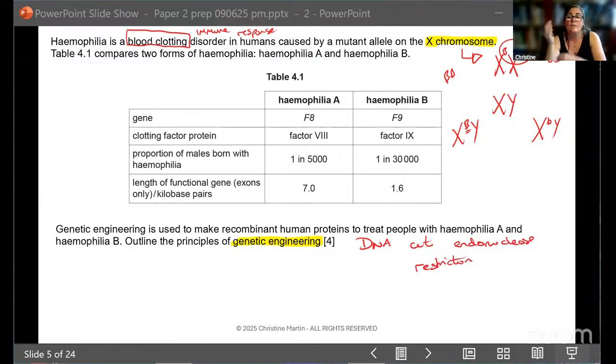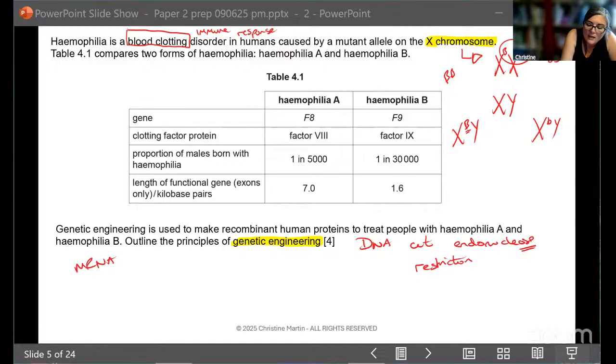So again, some of you are saying to me that you're not getting enough marking points. And why is that? Do not try and limit your answers down to miss out some key words. Always answering restriction endonucleases, well, that's only if we're cutting the gene out from the actual chromosome that it's found in. What if we have mRNA? What are we going to do with the fact that we may just have mRNA?